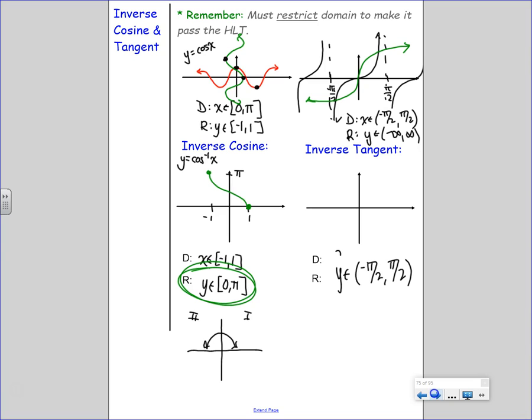The domain's going to be forever left, forever right. An inverse tangent is something like tangent, just flipped, with y equaling pi over 2 and negative pi over 2. So what quadrant is tangent going to be looking at?